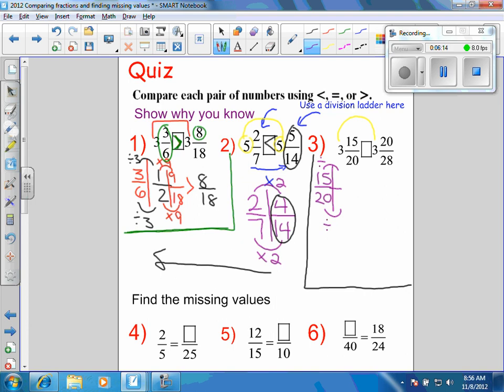What goes into 15 and 20? 5. Okay, so 5 is what I'm going to divide by. So 15 divided by 5 is 3. 20 divided by 5 is what? 4, right?